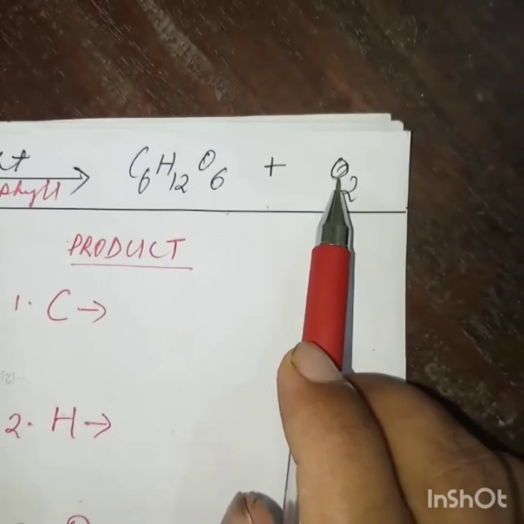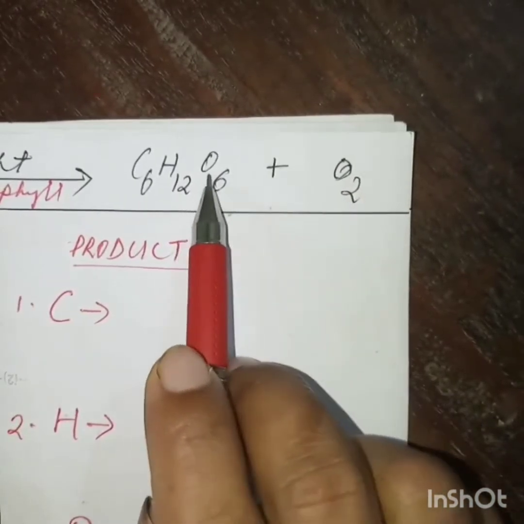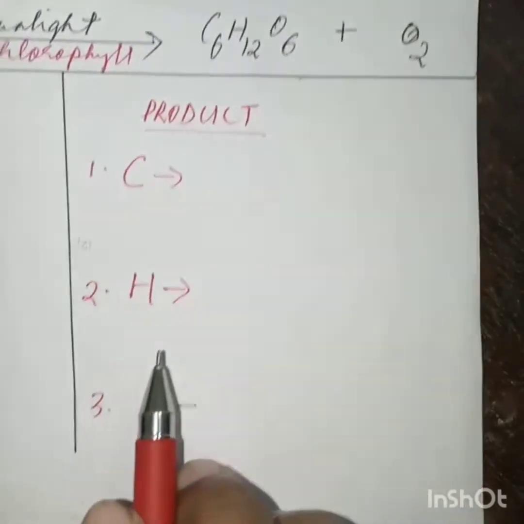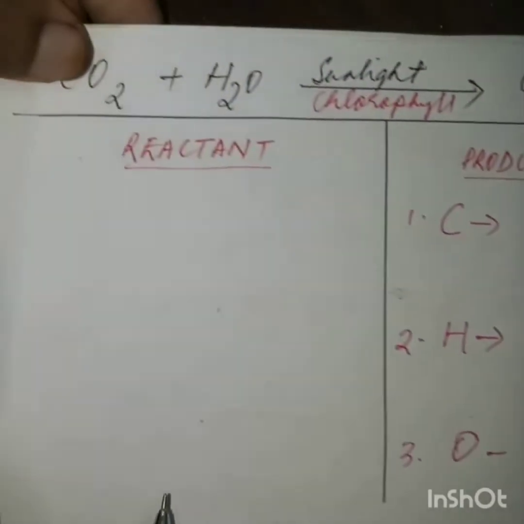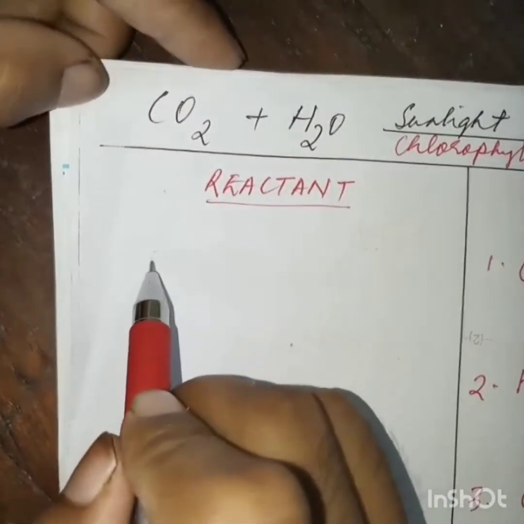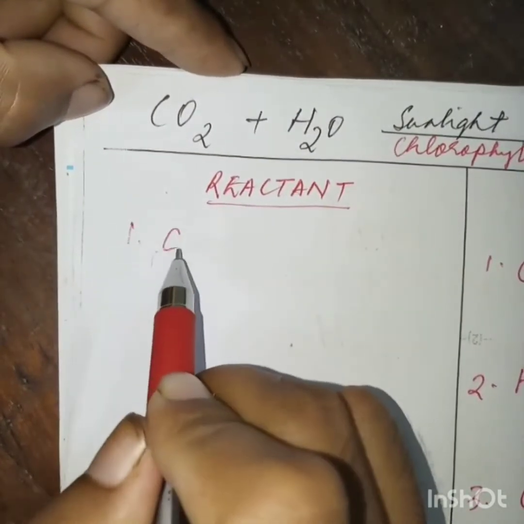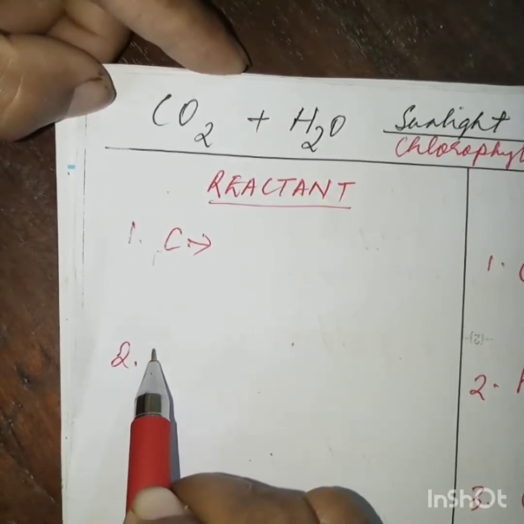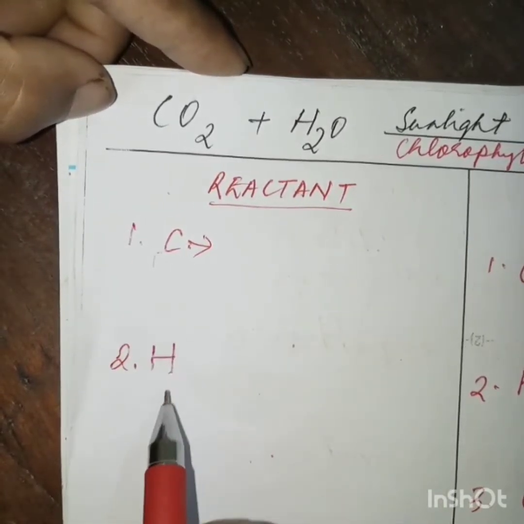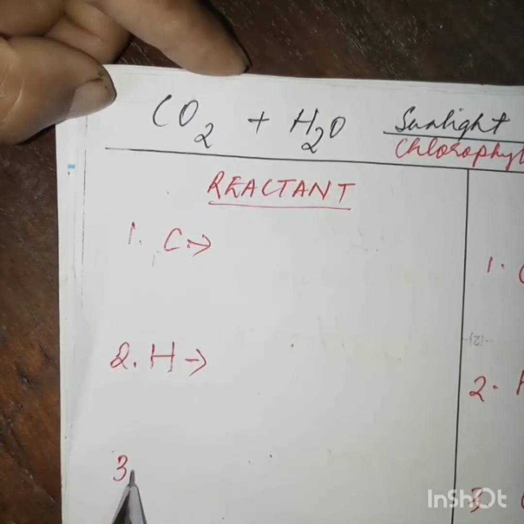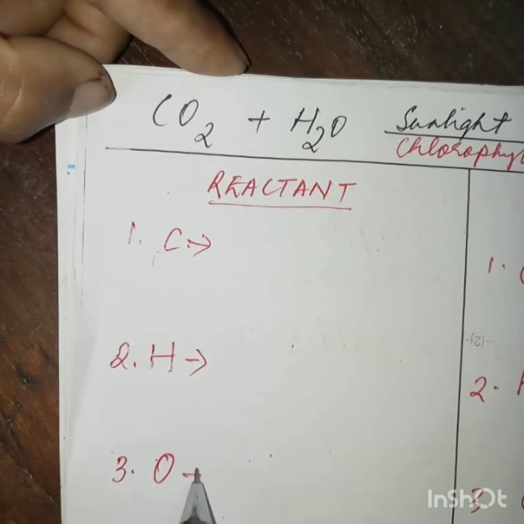Because here it's oxygen, and here it is also oxygen. Instead of writing 2, writing 1 is enough. Now towards the left hand side as well, what do we have? Number 1, we have carbon. Then number 2, again hydrogen, and then number 3, again oxygen.